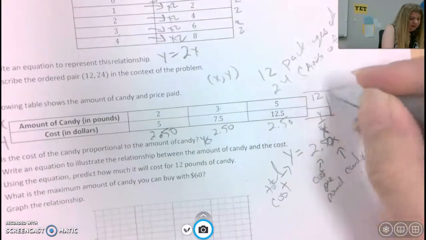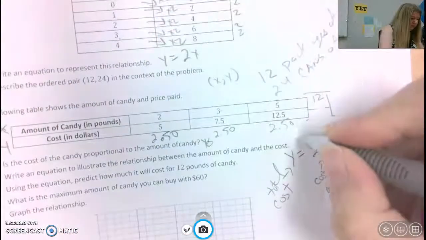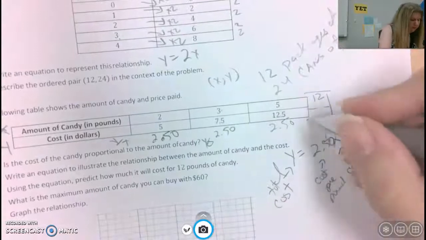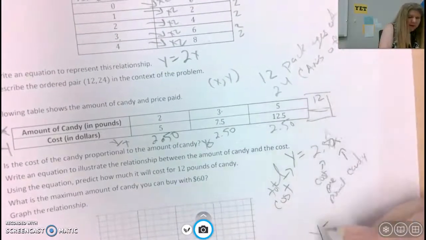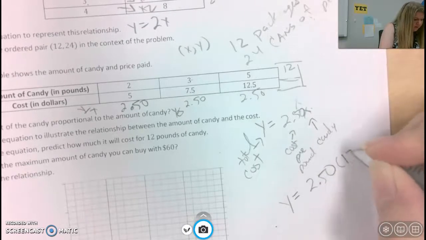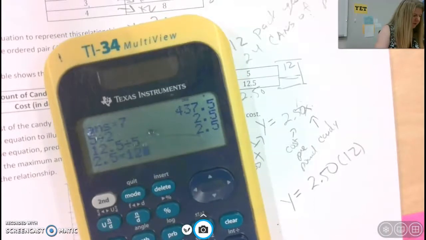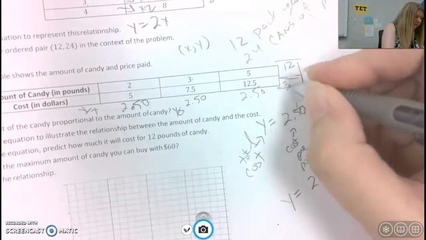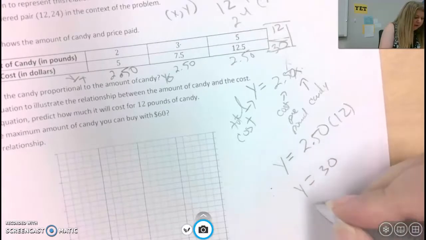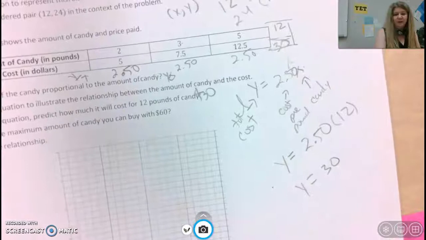I'm just going to add it to my table also just to kind of be organized. This was y divided by x there. Okay, so I'm going to do y equals 2.50 times 12 pounds of candy. 2.50 times 12 is 30. So that would be $30 for 12 pounds of candy.